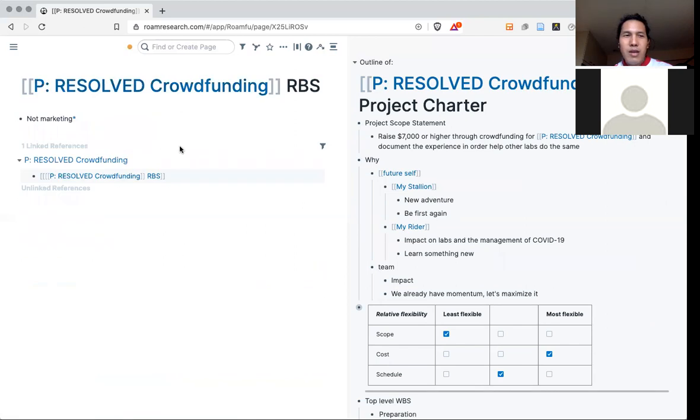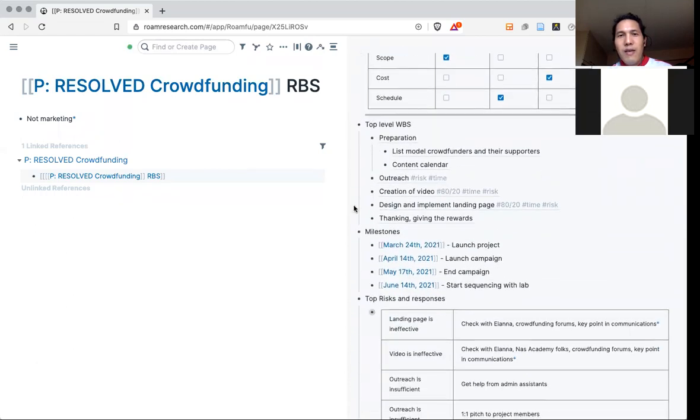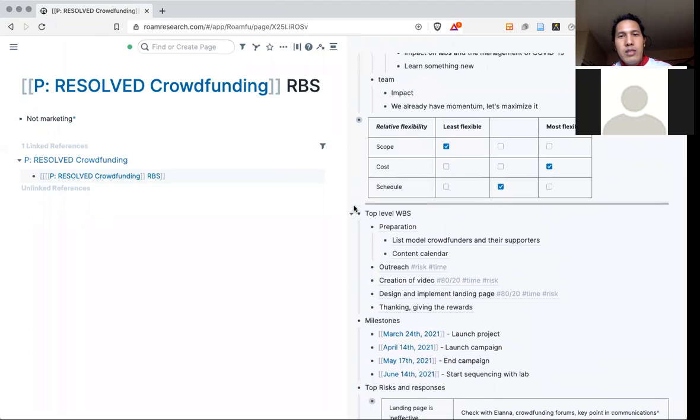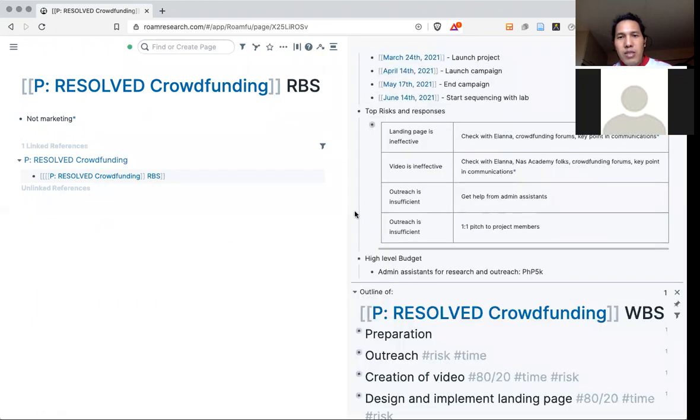It's mostly going to be communications, because the only risk that I got from my interviews is that if you're not marketing, it's a big risk. My main business is actually digital marketing, so this is something I'm going to be focusing on a lot. So now I'll just copy these top level risks.